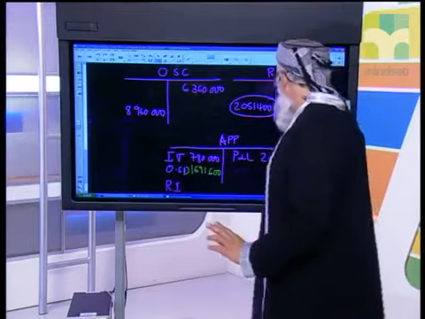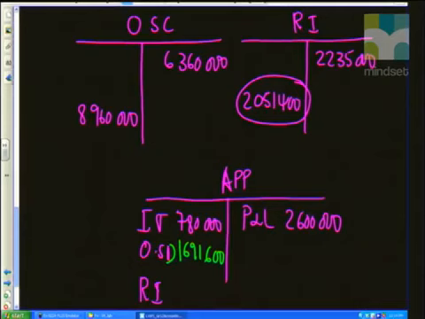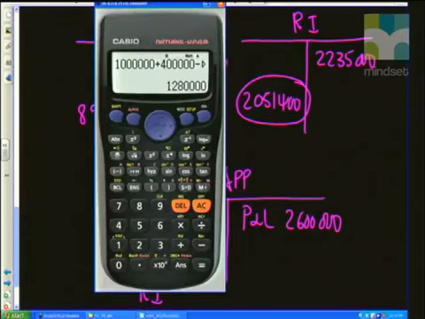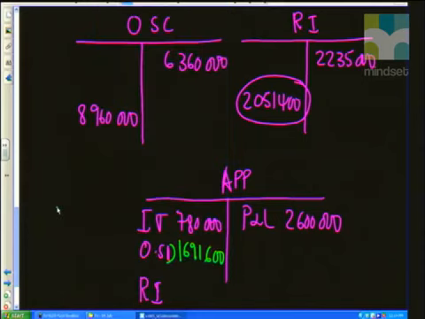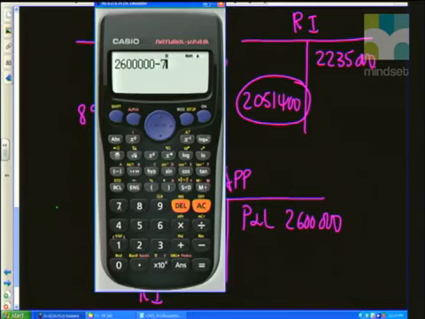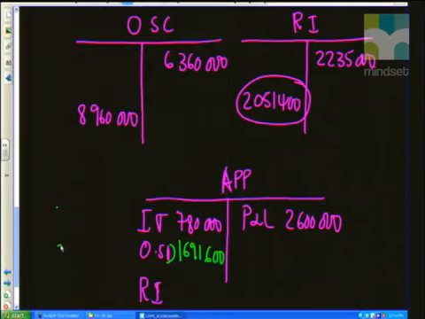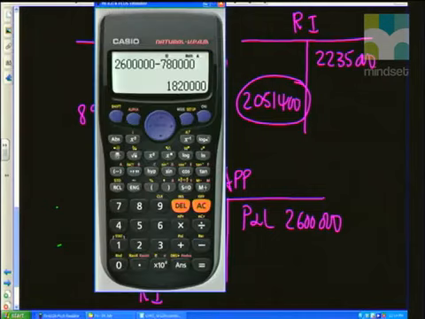Okay, so therefore, if we take our 2,600,000 minus what are we subtracting? 780,000, which was the income tax. 780,000 is equal to that. And then we subtract 169,600.